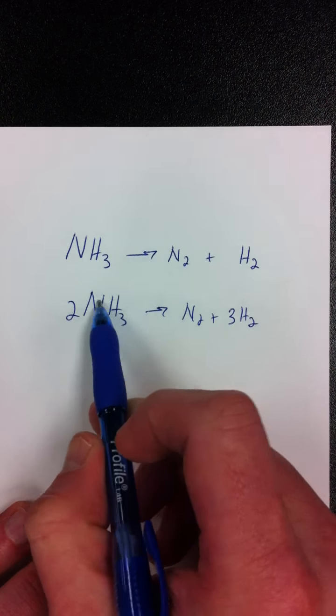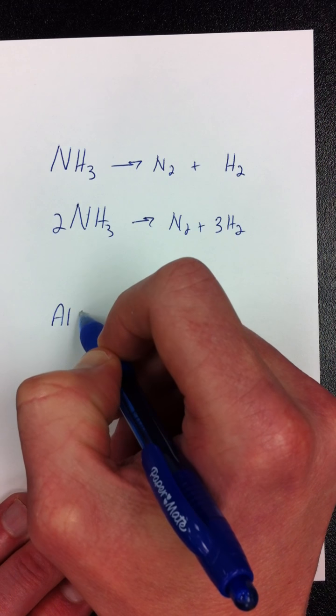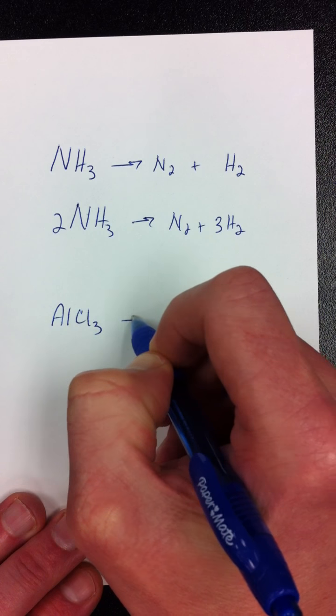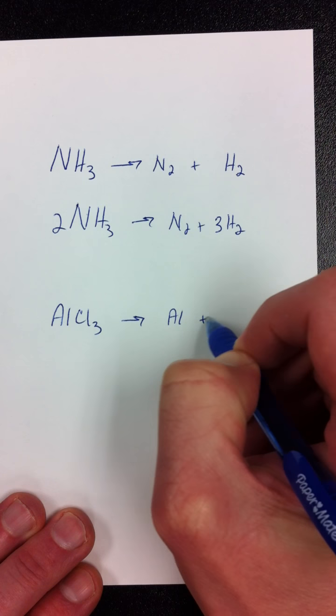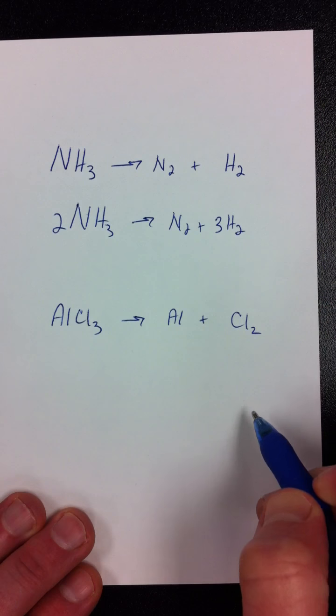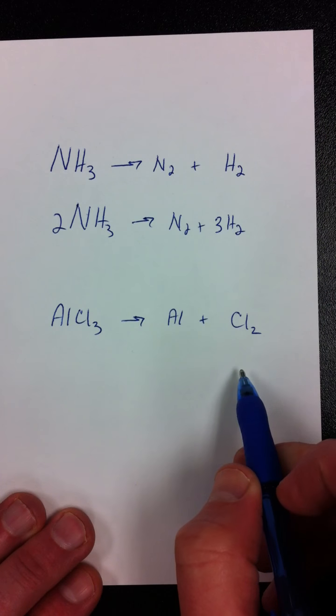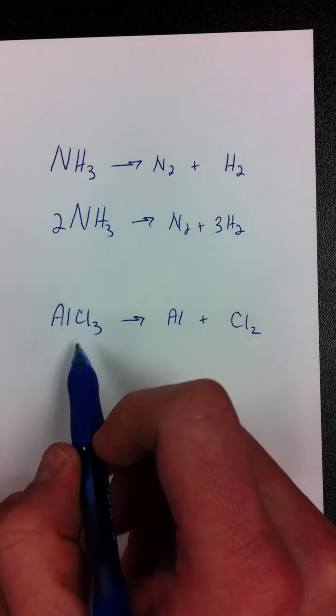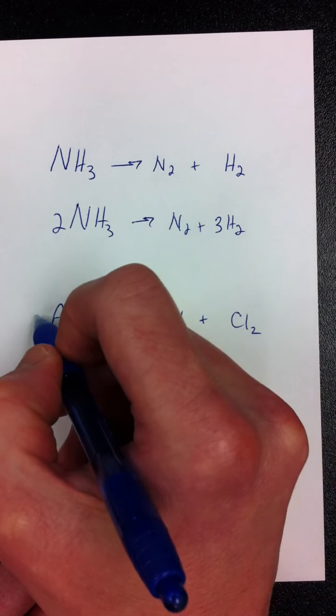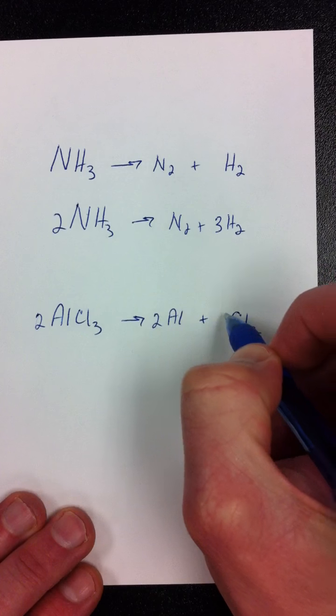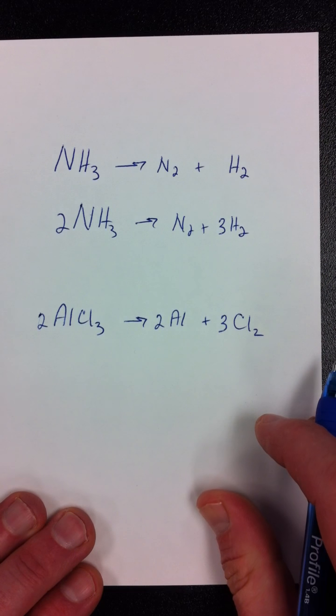So this is 2, 1, and 3 for this reaction here. And we'll do one more. I would pause, try to balance it. And so this is going to be a 2 here, 2 there, and a 3 there.